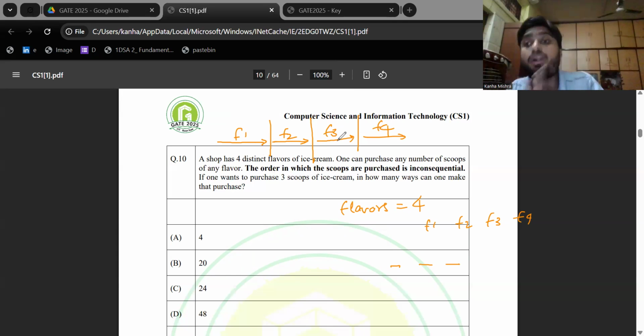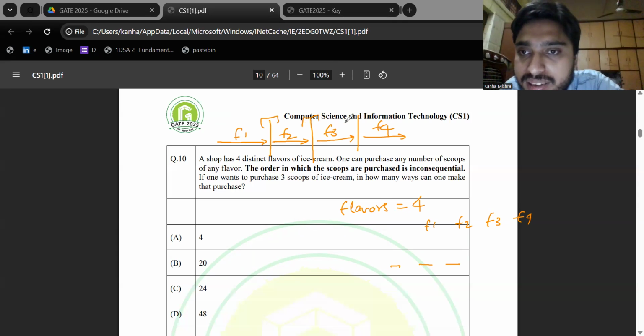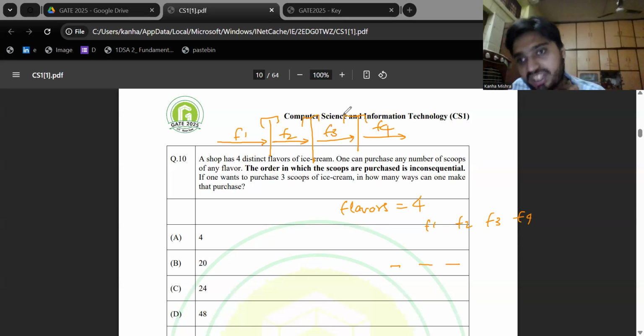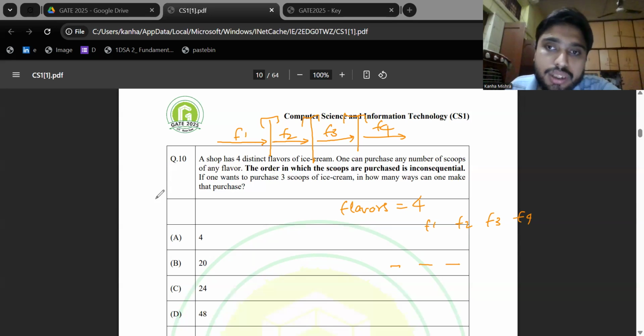If somehow I know how to arrange these bars, what the combinations of these bars are in which the flavors can be divided, then I can solve it.